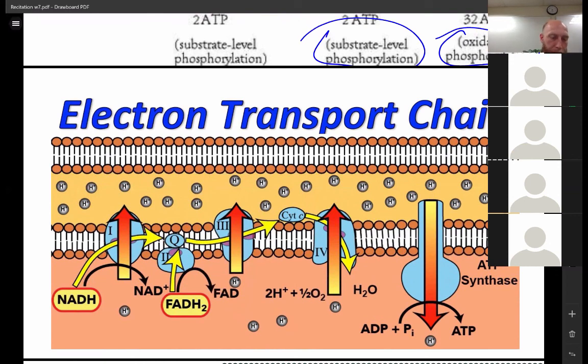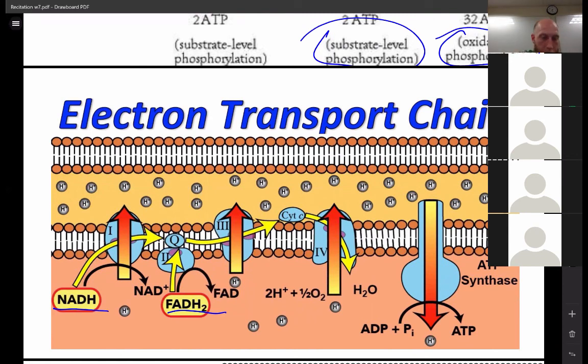So it's not direct, we're not using the NADH and FADH2 directly to make ATP. We're using them to create an energy potential that then allows us to extract the energy and make ATP so that we can store and use that later on.